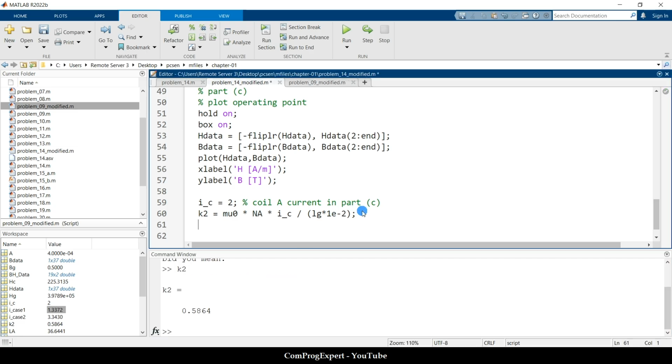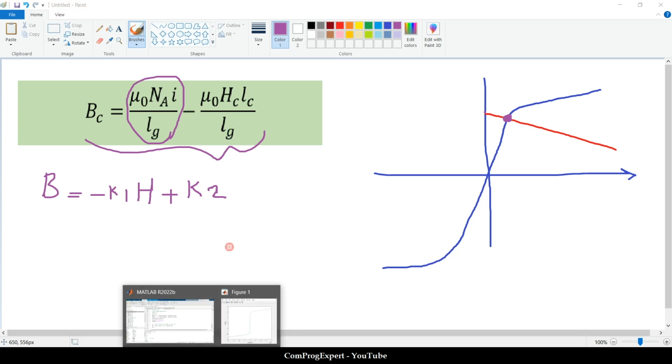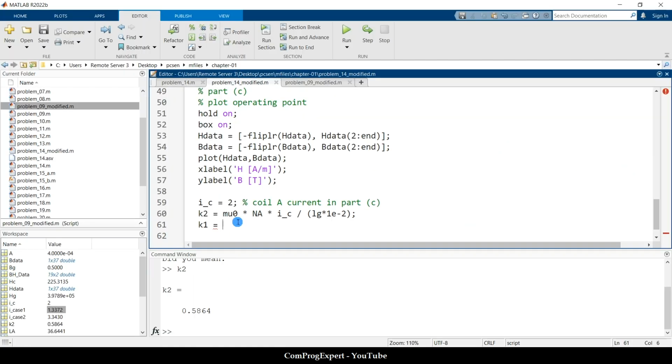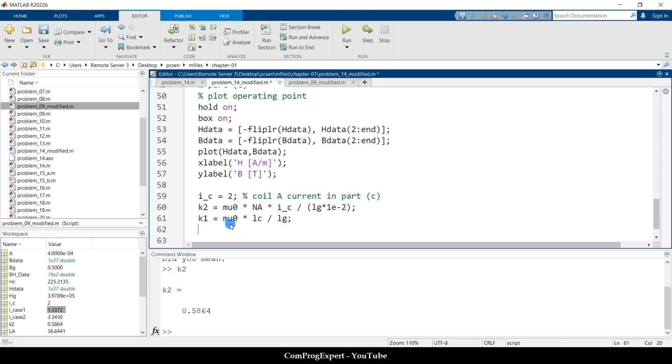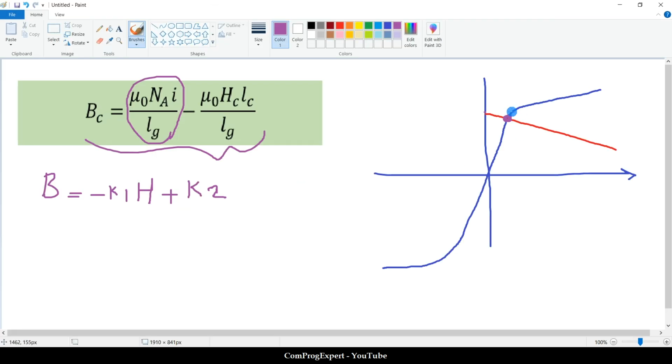And what is the value of K1? It is equal to mu 0 times L core divided by L gap, the slope of the line. So how can we draw this line in MATLAB? How can we draw it?